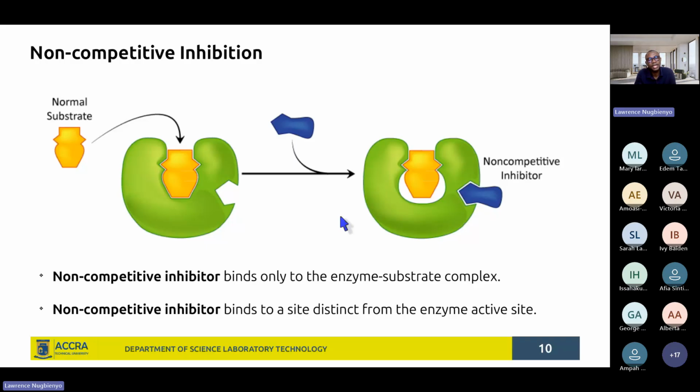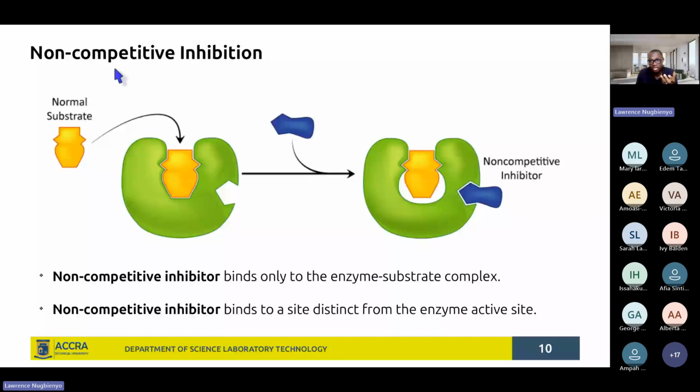Sometimes you have also what is referred to as uncompetitive inhibition, where you have the inhibitor binding first to the enzyme to form an enzyme inhibitor complex before the substrate comes to bind. In this case, you see that the substrate binds first to form an enzyme substrate complex before the inhibitor comes to bind, which is being referred to as a non-competitive inhibition.